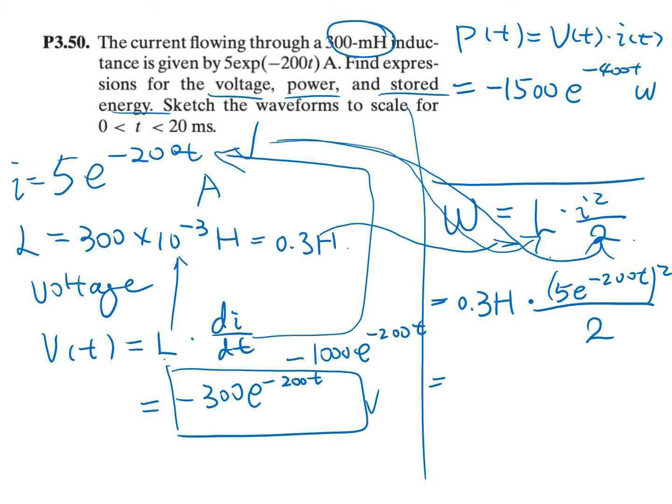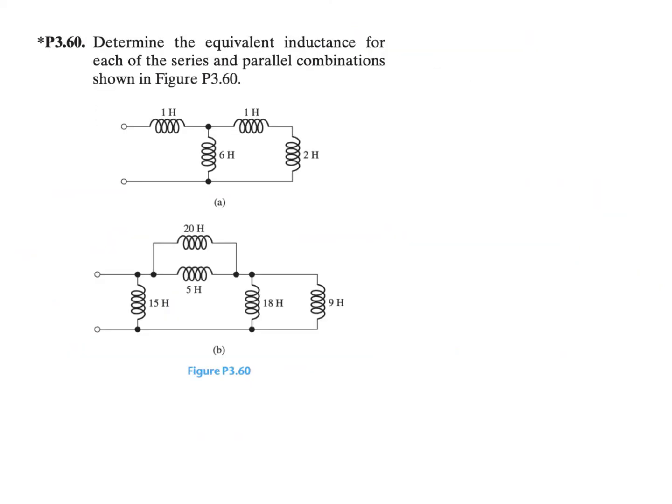And the value is 3.75 e to the negative 400t. For the waveforms, with the expressions, you can use plotting software to plot them. We use MATLAB.